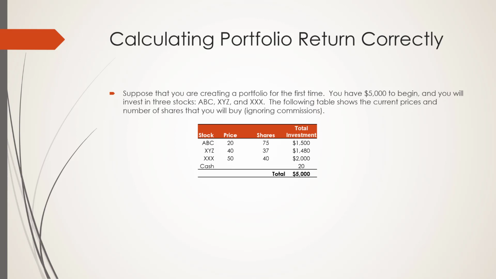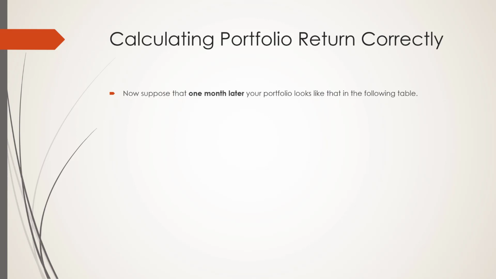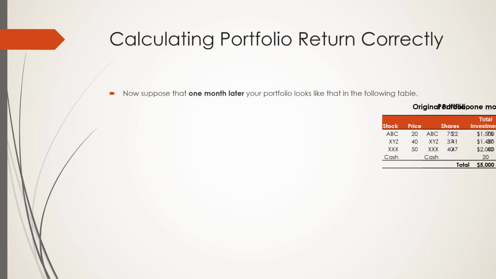You can see your total investment in each one, and then you only invested $4,980, so you had $20 in cash left over. So that adds up to $5,000 for the total value of the portfolio. Let's say that a month goes by, and now your portfolio is going to look like this.